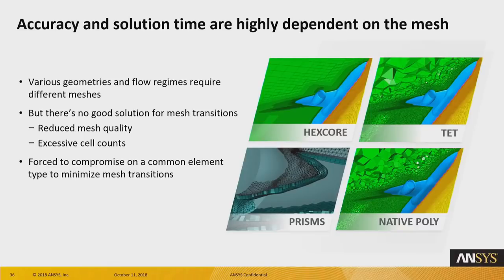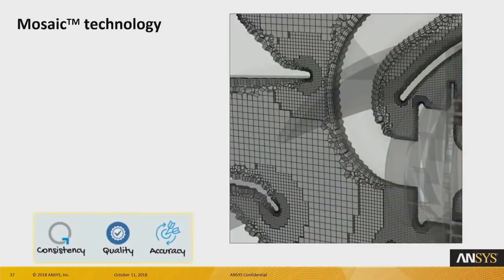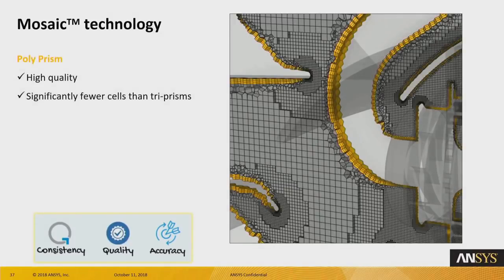In most of the cases, we would either need to sacrifice the accuracy or the quality. We would have to generate the non-conformal mesh, or we would sacrifice the quality in the conformal meshes that are stitched together from different types of elements. In order to overcome this problem, Ansys has patented the new Mosaic technology, which uses polyhedral prisms to very nicely fill the area next to the wall where the boundary layer is located. These are high quality and highly efficient cells as well.